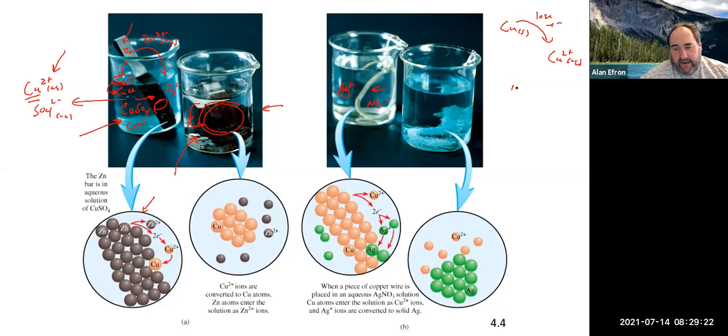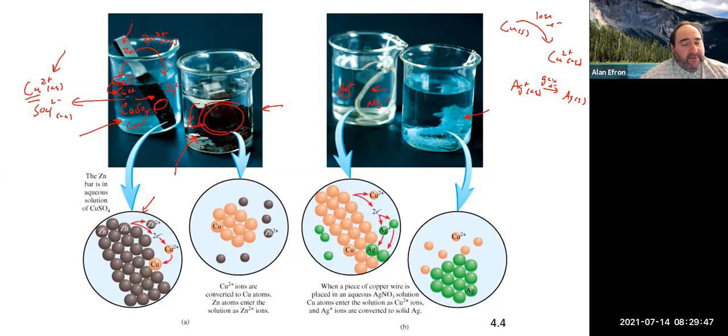And those silver ions floating around in that solution will then gain those electrons and become solid silver and come out of solution. And that's what you can kind of see here. It kind of looks like it grew some fur. That's the copper wire that looks like it grew some fur. And all that is the silver basically coming out of solution and plating itself on the copper wire.